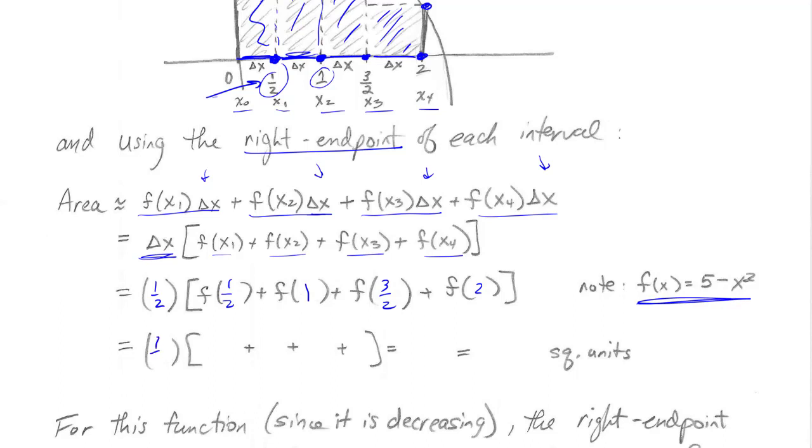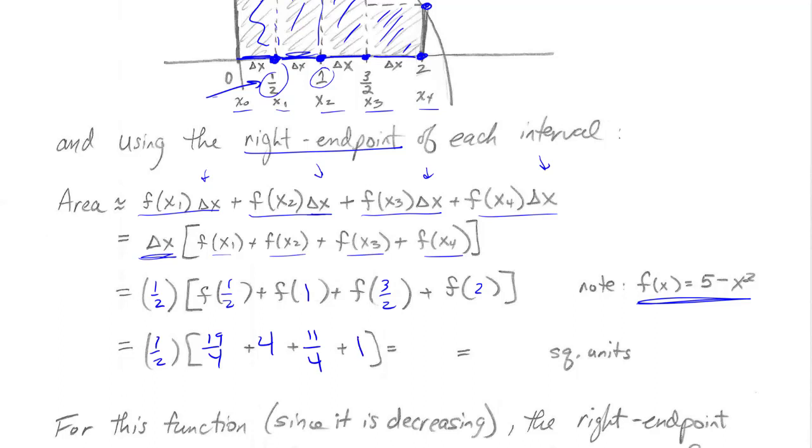And so I have f of 1/2. So put 1/2 in there. You get 5 minus 1/4, which is 20/4 minus 1/4. So you get 19/4. And then f of 1 would just be 4. So now f of 3/2, you're going to get 11/4, and f of 2, you're going to get 1.